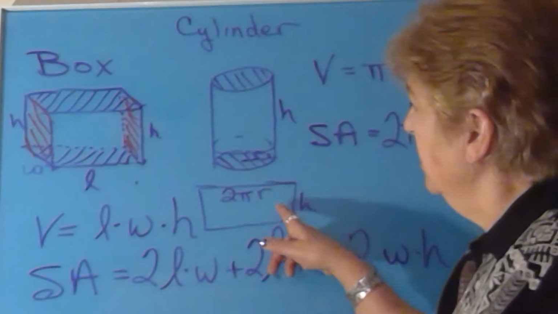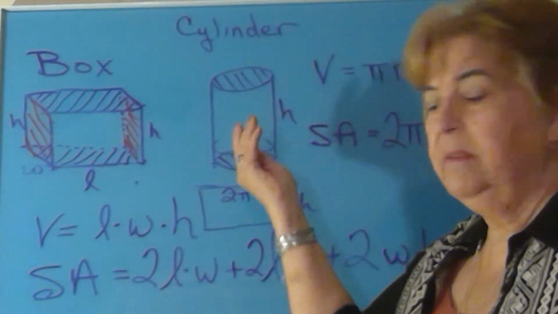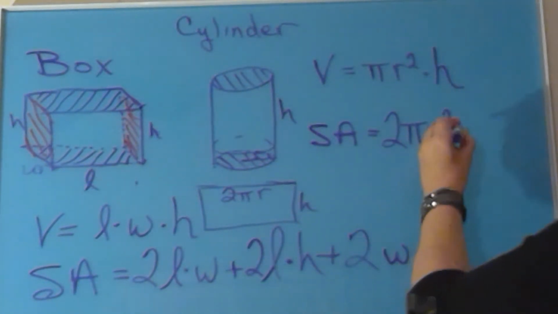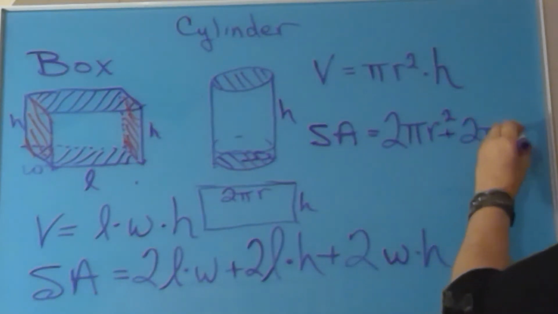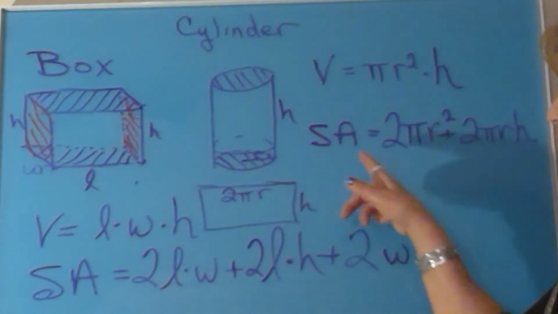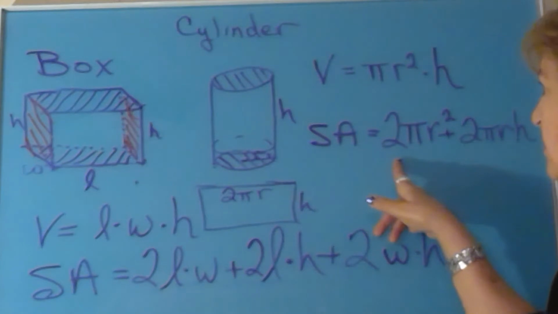So to find the area of the outside of the can, it's a rectangle. You would simply take 2 pi r and multiply it by h. So that's the formula for the surface area of a cylinder.